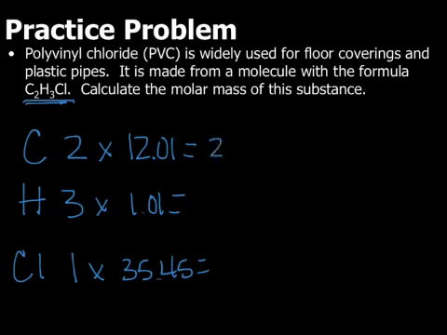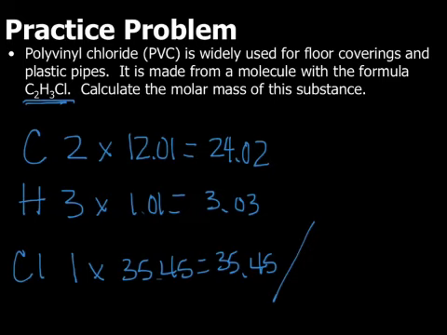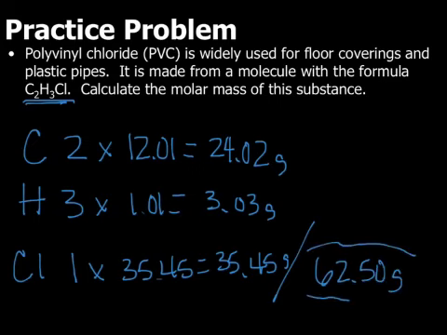So I'm going to do my calculation here. I have 24.02, 3.03, 35.45. When I add all of these together, and again, these are all grams, I end up with 62.50 grams. So this number here would be my molar mass of PVC.